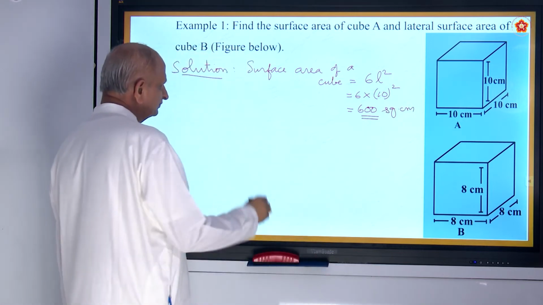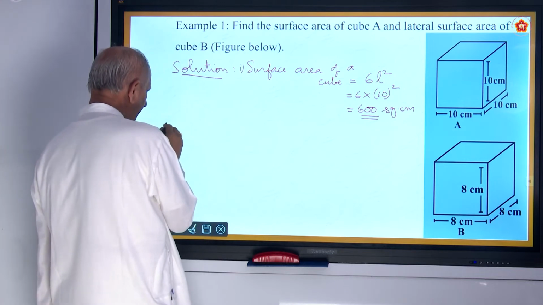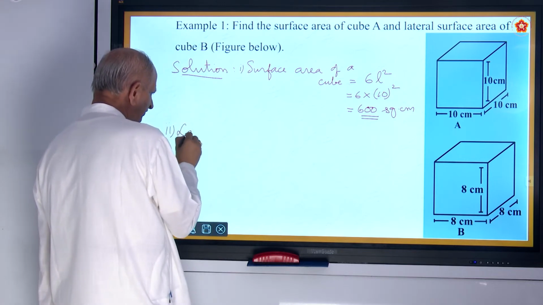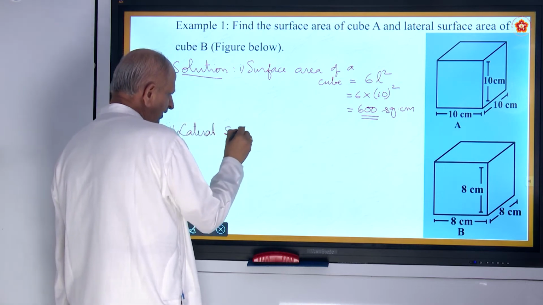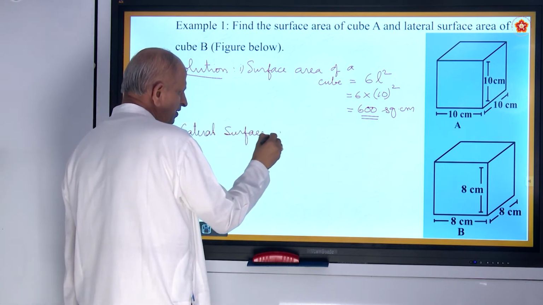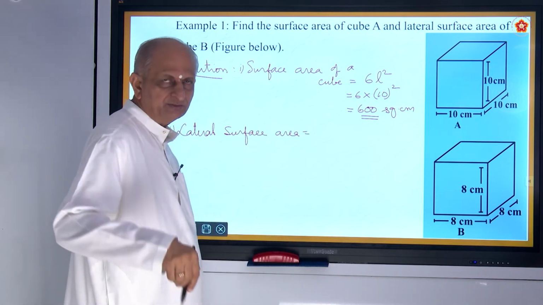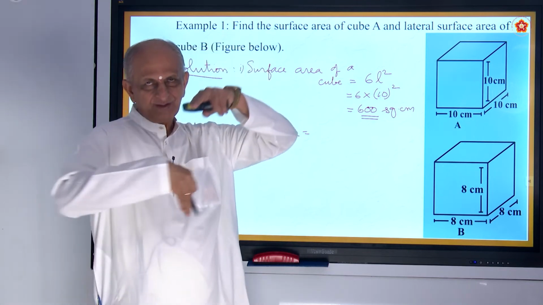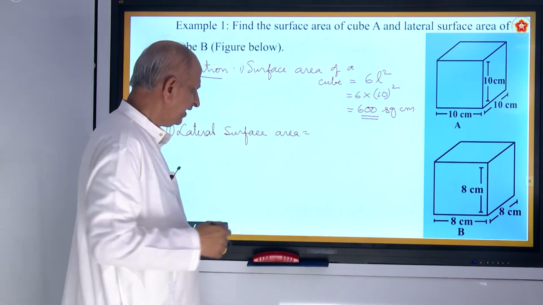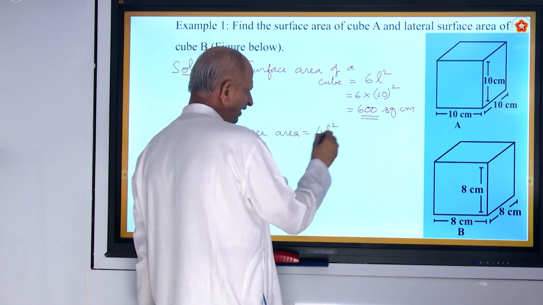This is the first figure. Second figure, you are asked to find out lateral surface area. What do you mean lateral surface area? Surrounding, except base and top. All that is called lateral surface area, and each is a square. There are 4 squares like that.